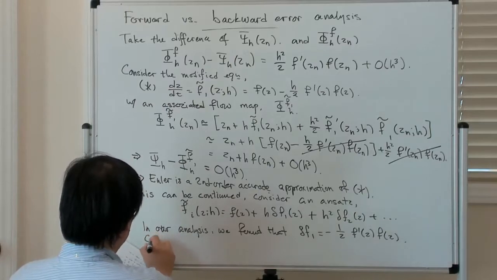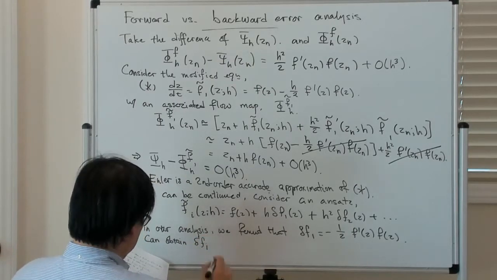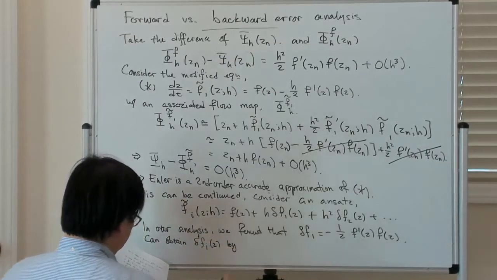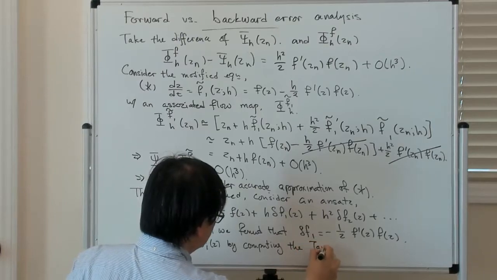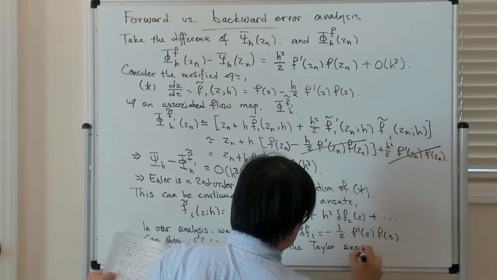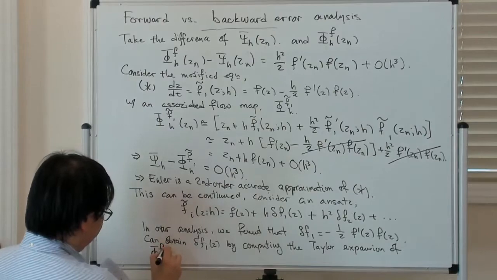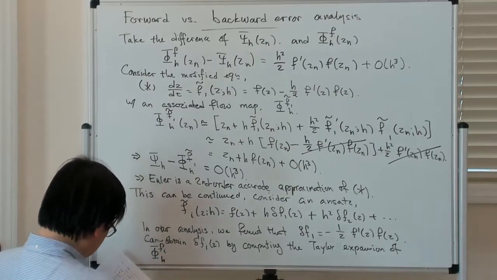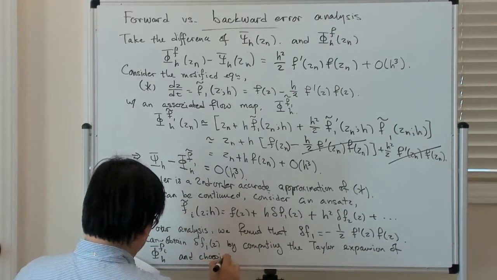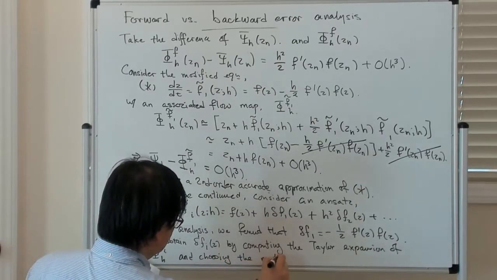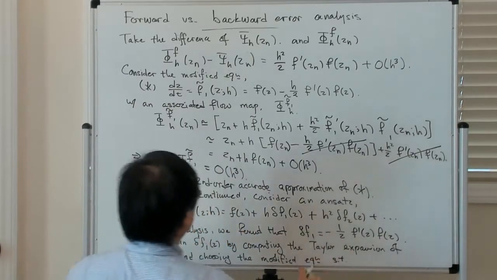So you can obtain delta f_i of z by computing the Taylor expansion of the exact flow of f_i tilde of h, and choosing the modified equation such that we're out of space.